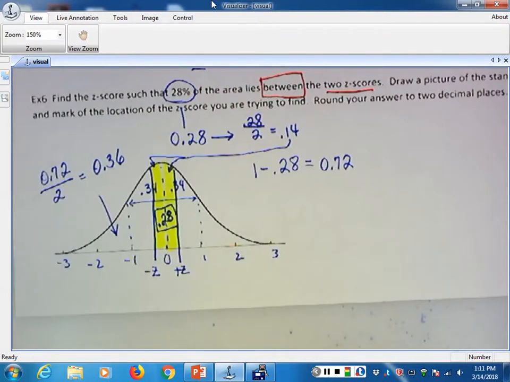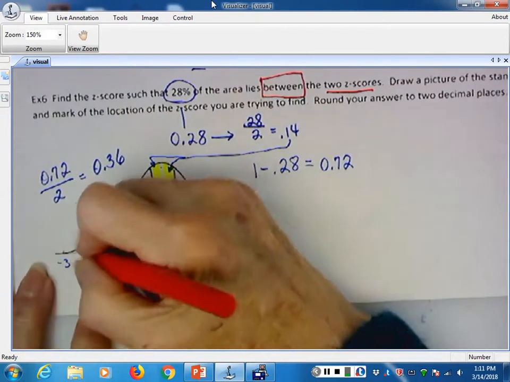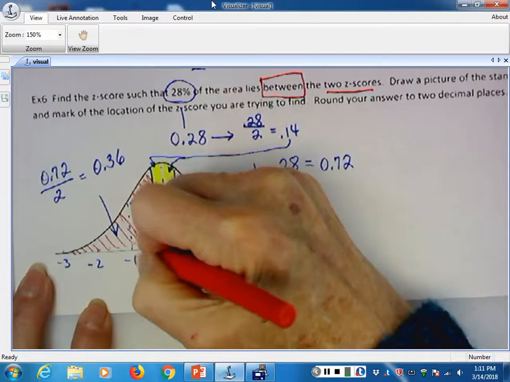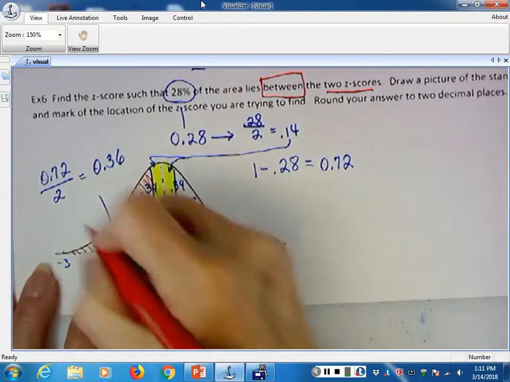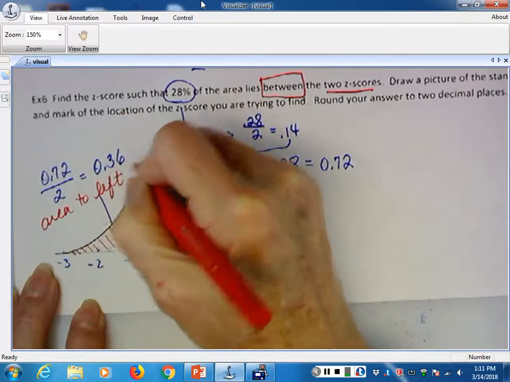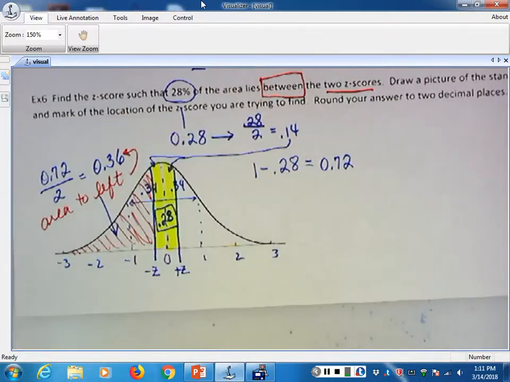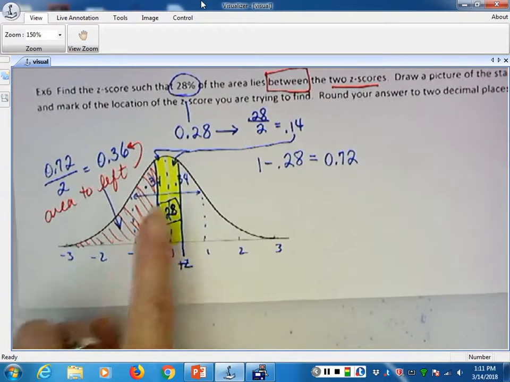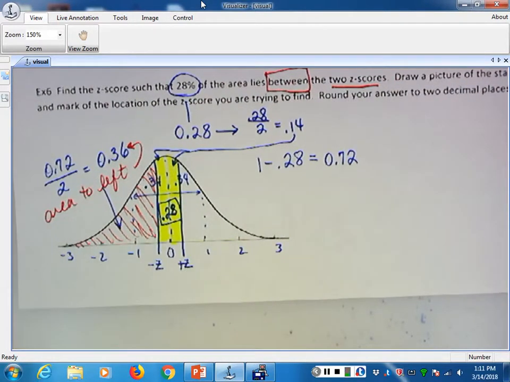So that area to the left is going to be 0.36. I could have also figured that out by knowing that this was 14% and everything to the left of the mean was 50%.